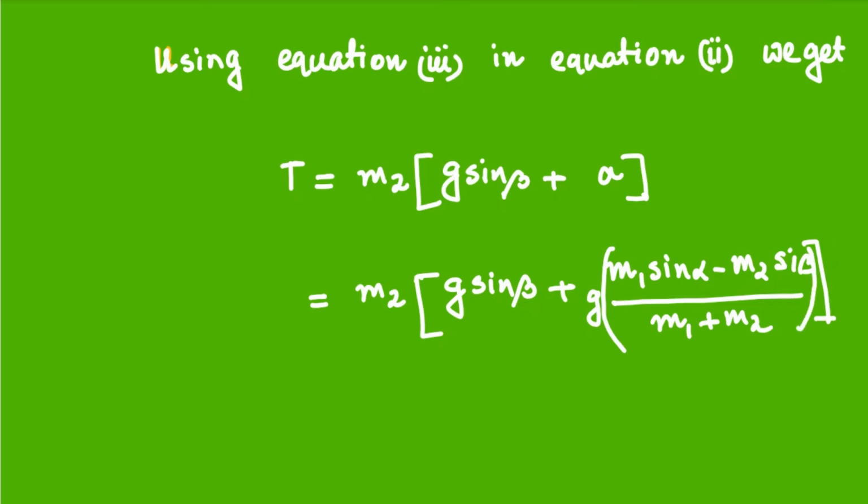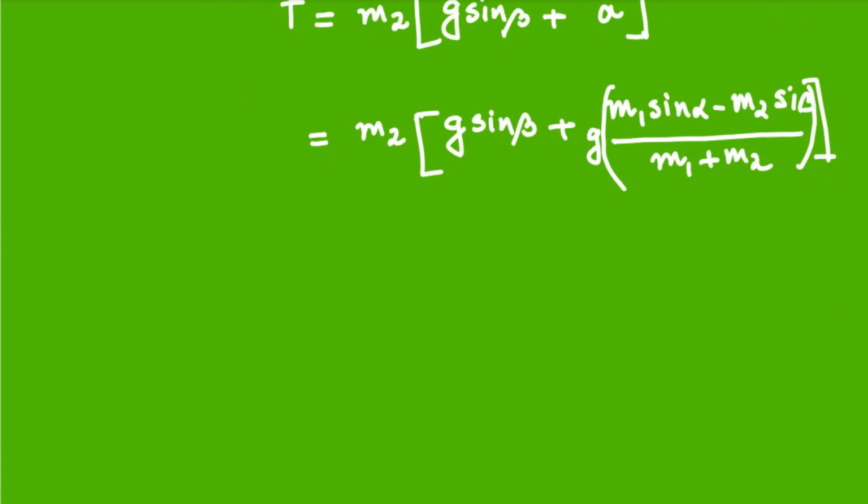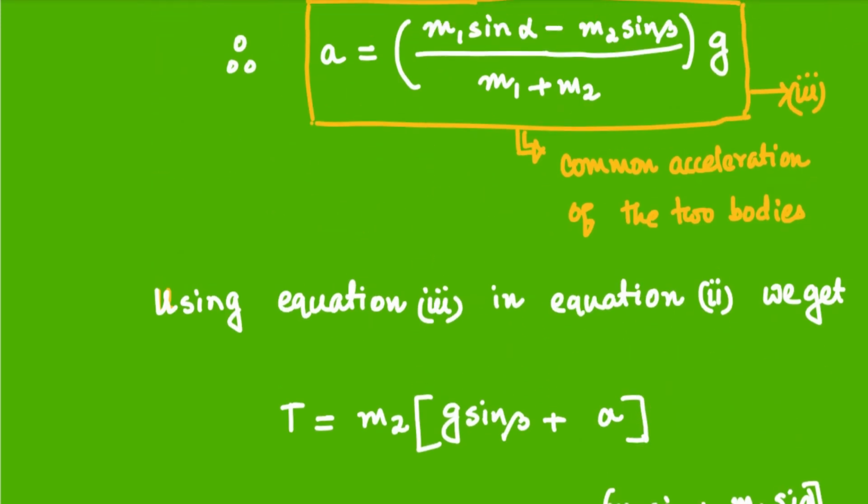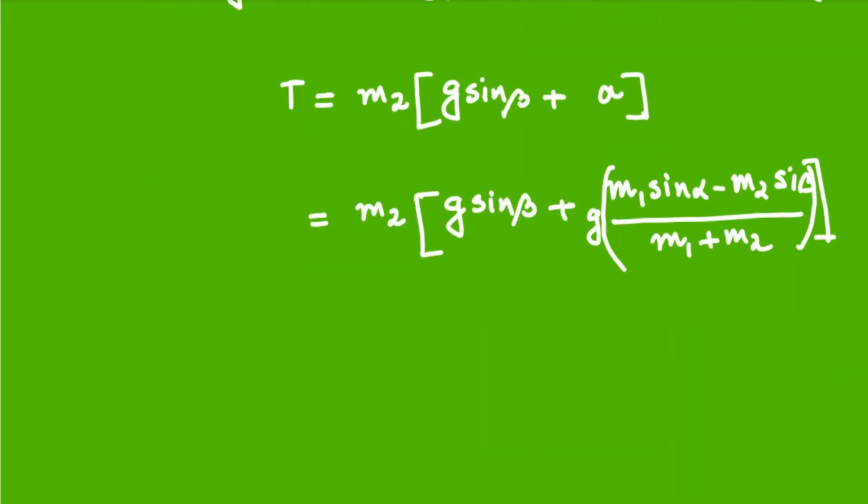Now G is taken common, equal m2G, m1 sin beta plus m2 sin beta, doing LCM.